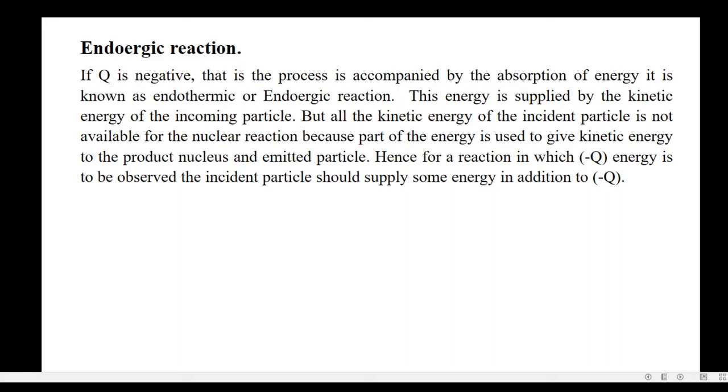In this process, all the kinetic energy of the incident particle is not available for the nuclear reaction because part of the energy is used to give kinetic energy of the product nuclei and emitted particle.